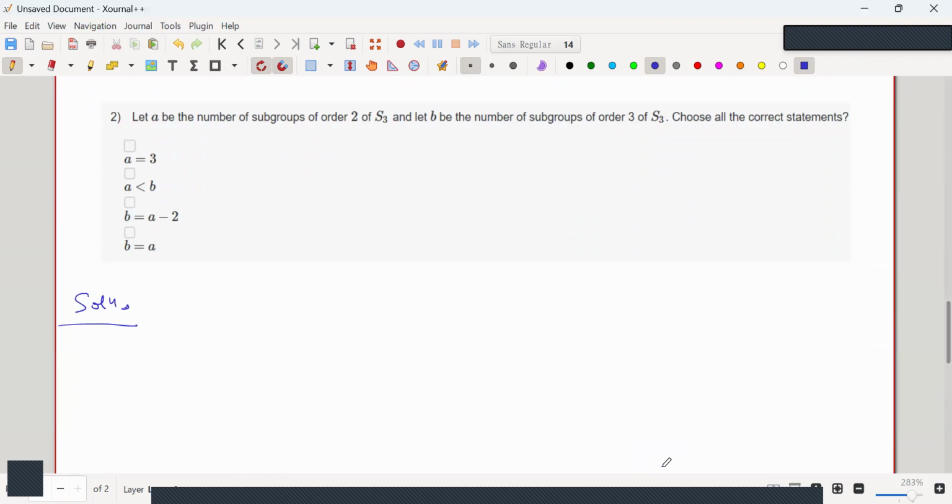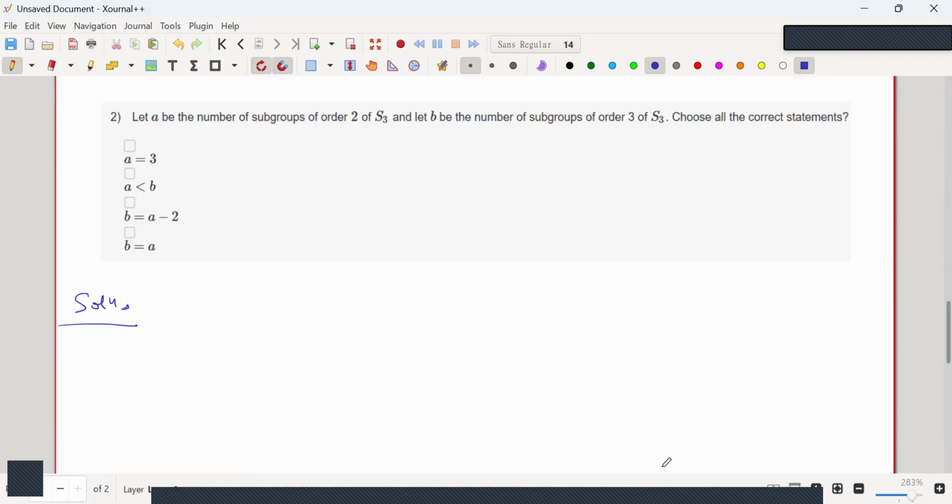Why? So there are 3 elements of order 2. Since the order is 2, they are their own inverses, so they all form subgroups. So identity and (1 2) is a subgroup. Again, identity and (1 3) is another subgroup. Identity and (2 3) is another subgroup.